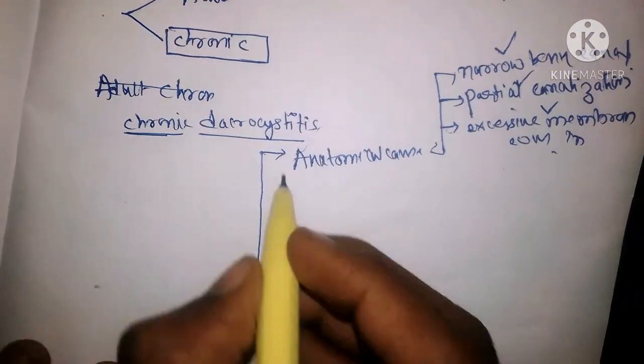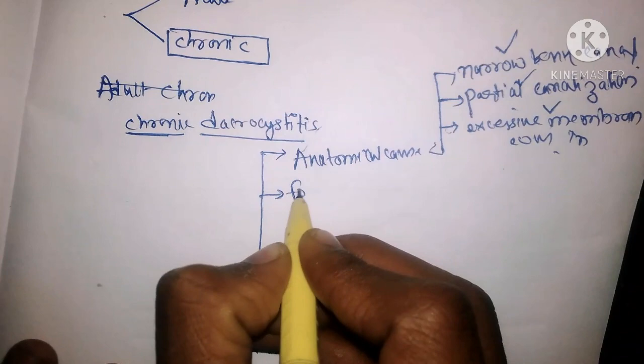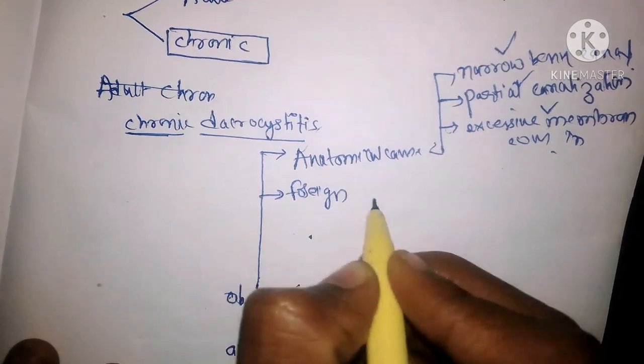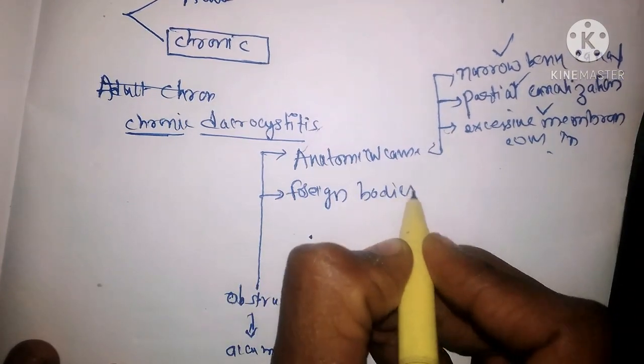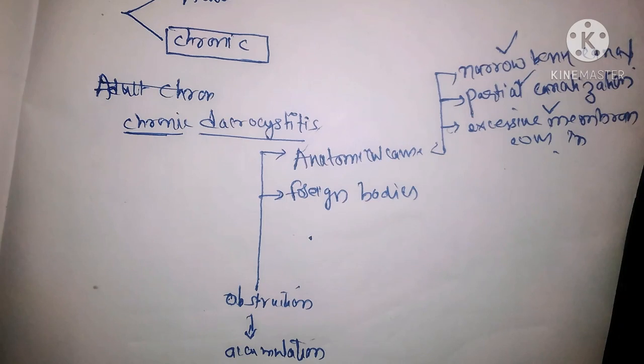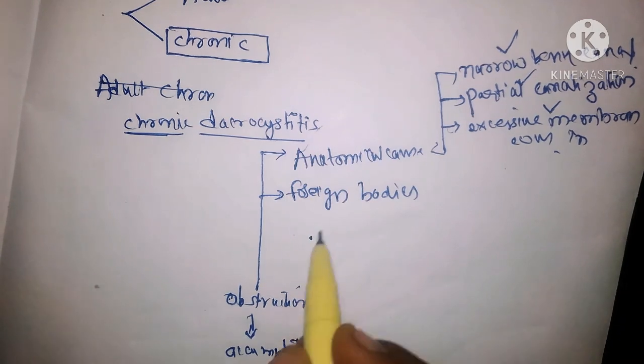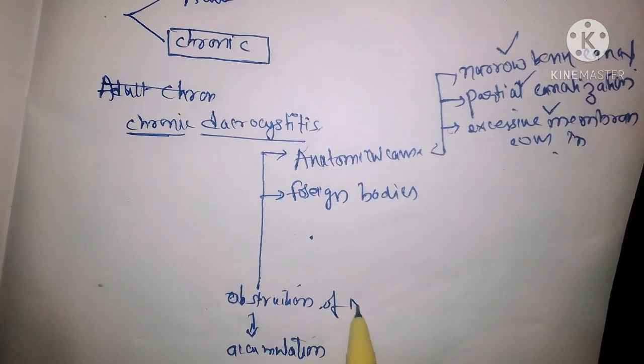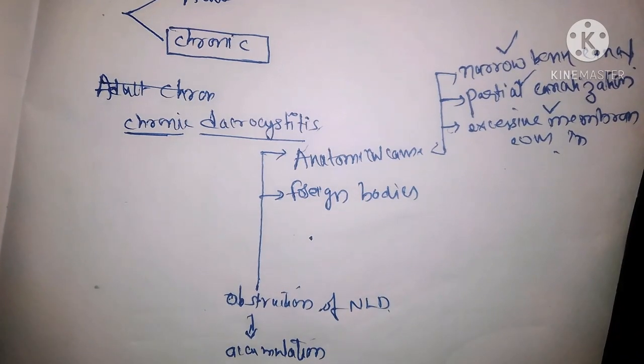Other causes include when there are foreign bodies in the nasolacrimal duct. These foreign bodies will obstruct the nasolacrimal duct. Clear? This results in obstruction of the nasolacrimal duct, that results in infections.